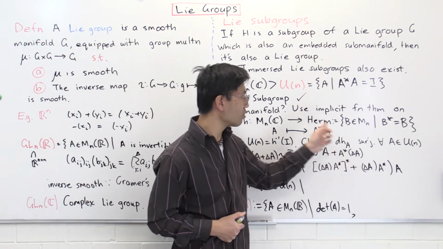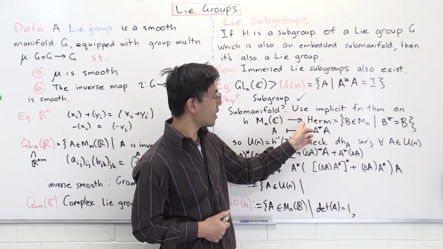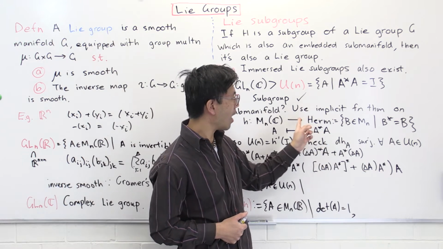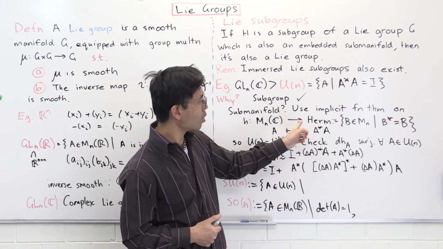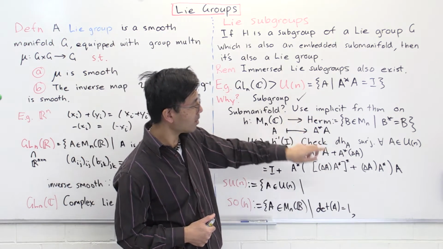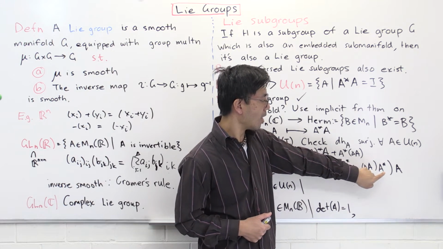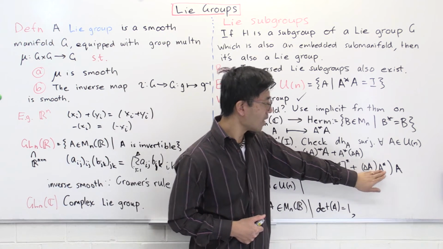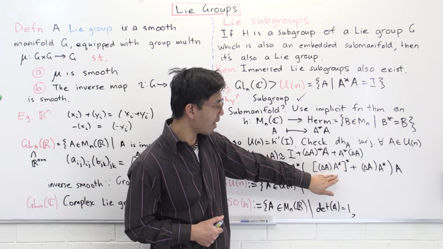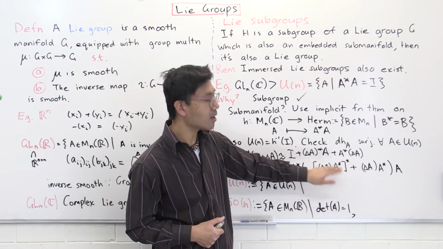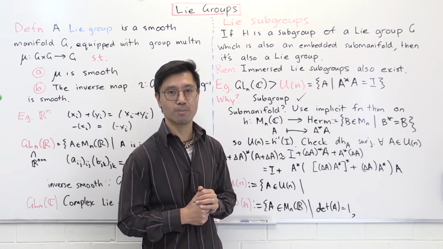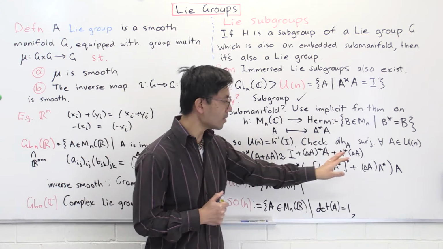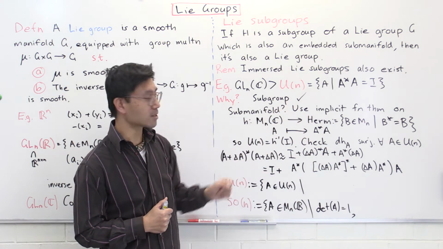In fact, if you take a Hermitian matrix and halve it, its adjoint, since it's Hermitian, is the same, so you add another half and you get that original Hermitian matrix. In any case, that's roughly how that works.